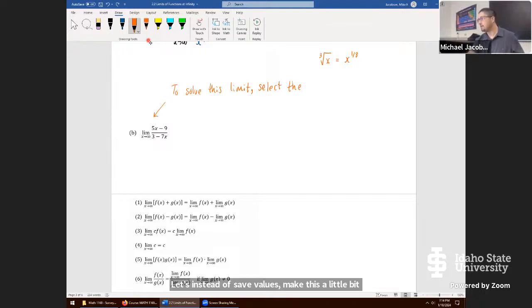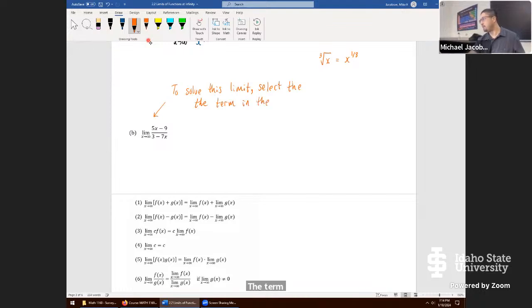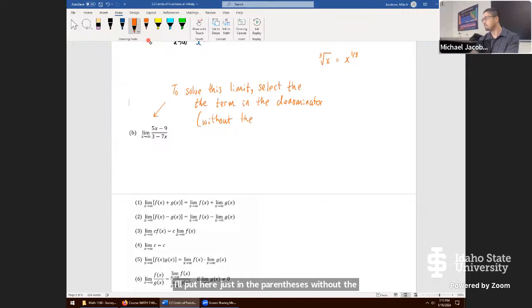Select the term in the denominator, I'll put here just in the parentheses without the coefficient. So we'll select the term in the denominator with the highest power.